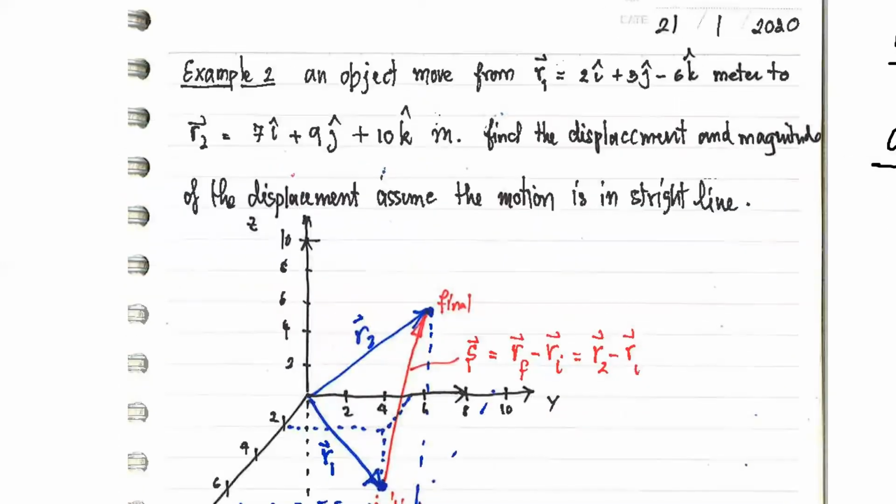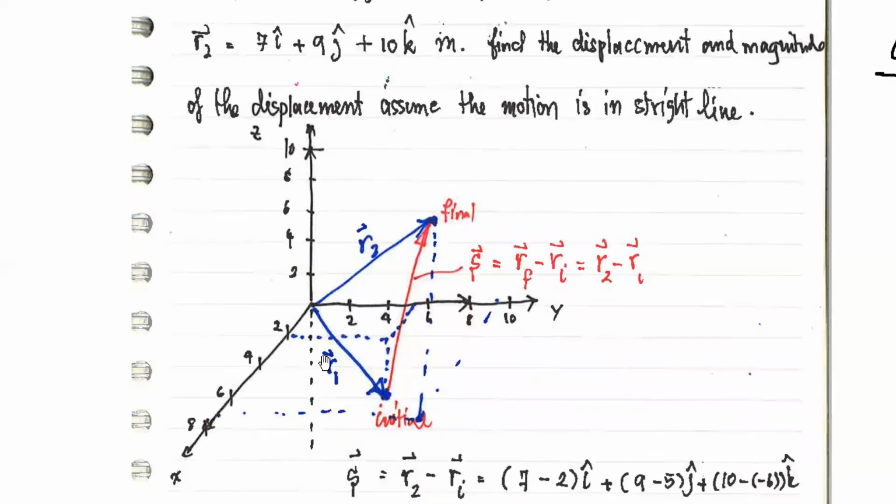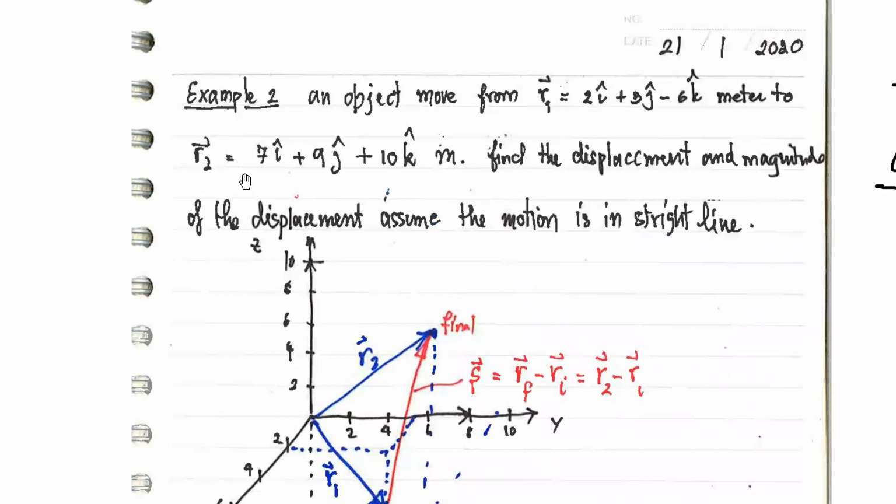An object moved from R1 equal to 2i plus 5j minus 6k to R2 equal to 7i plus 9j plus 10k meters.